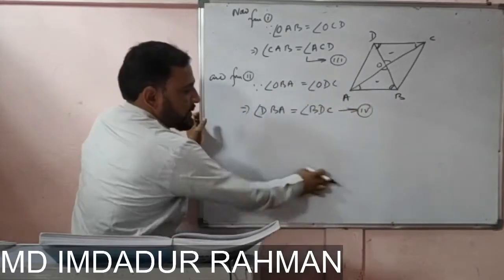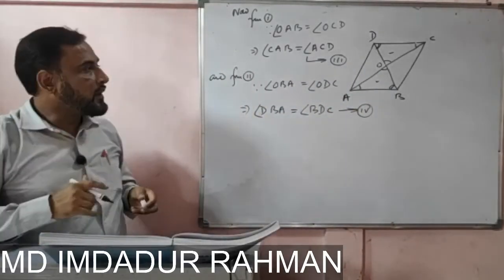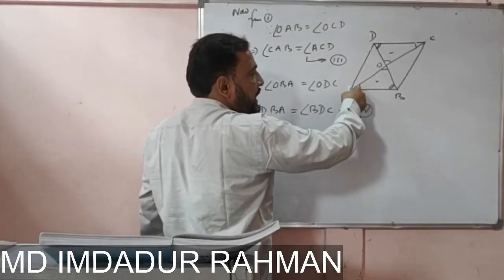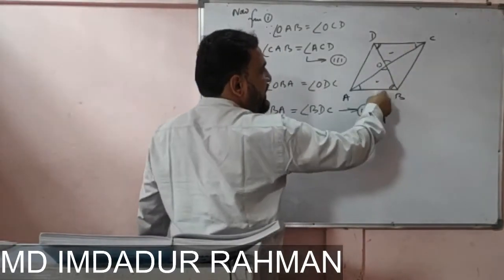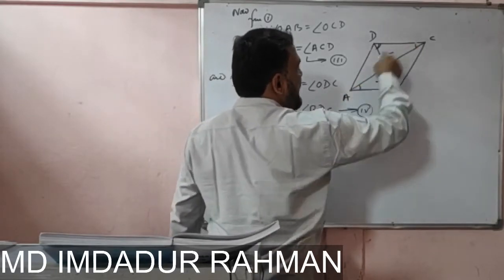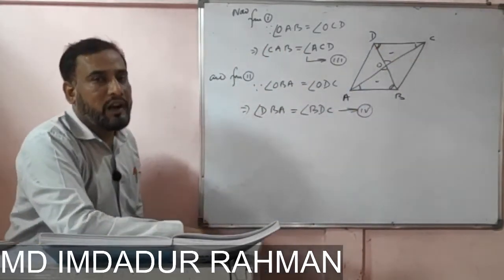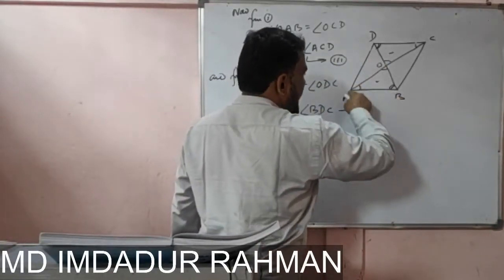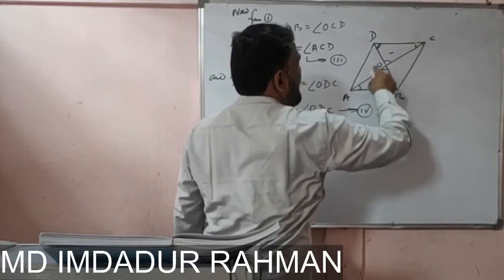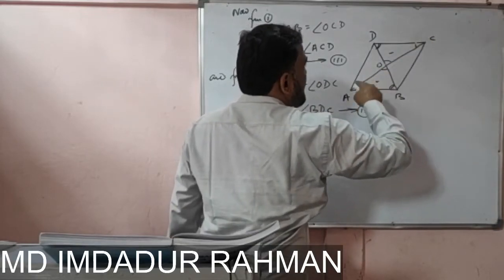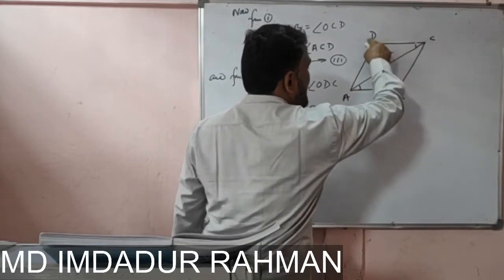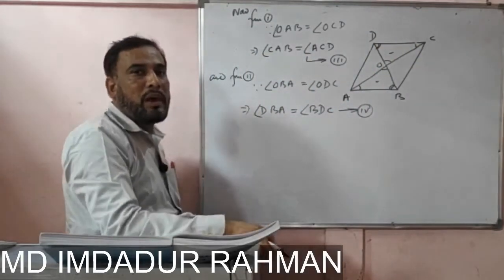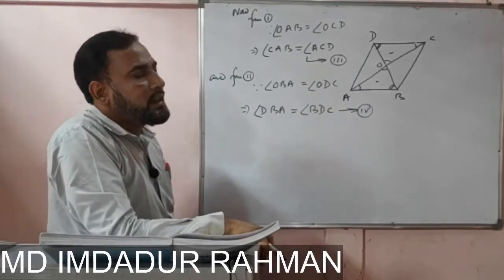Got it? Now you see, this angle and this angle are already marked. Angle BAC and angle ACD are a pair of alternate angles. Similarly, taking BAC and ACD, they are one pair of alternate angles and they are equal.